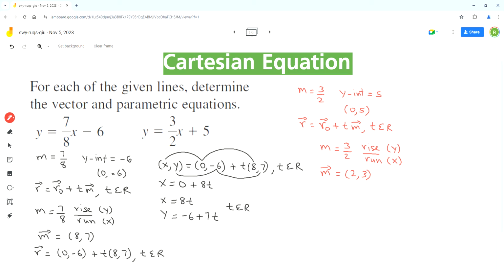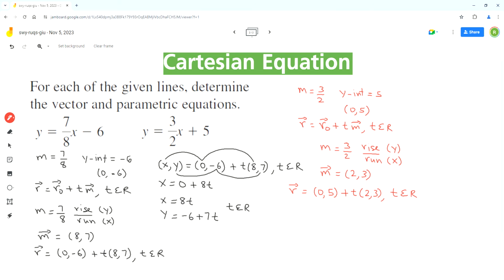So the x component is 2 because it represents the run, which is in the x direction, and the y component is 3 because it represents the rise, which is in the y direction. Now we can write the vector equation. So a known point on the line is the y-intercept 0, 5. So we can use that point for the position vector r naught. So this is the vector equation of the line.